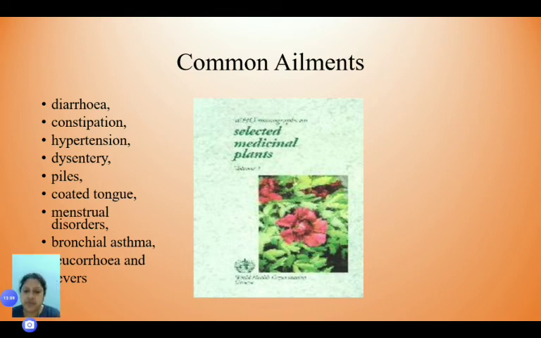Another important piece of information is that the WHO has published three volumes of the WHO monographs on selected plants, and this picture shows the monograph from the year 1999. So overall you can come to a conclusion that there is a significant lack of research data in the field on how they were used and what the formulations were, but there is a record that they have used all these medicinal plants for the purpose.